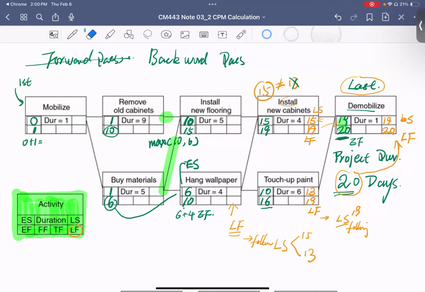This comes from here and here. Then from this number we pick the smallest one, which is 13. So this is 13, and you minus 4, you get 9.